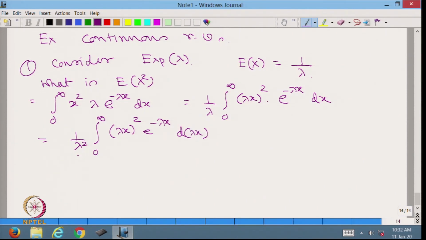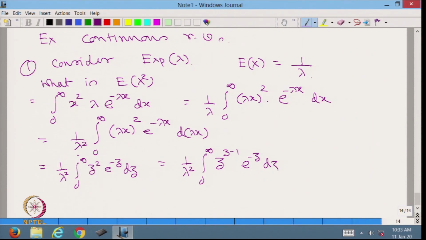Now, this is equal to 1 upon lambda square times the integral from 0 to infinity of z square e to the power minus z dz, which is equal to 1 upon lambda square times the integral from 0 to infinity of z to the power 3 minus 1 e to the power minus z dz. This is coming out to be gamma 3 upon lambda square.